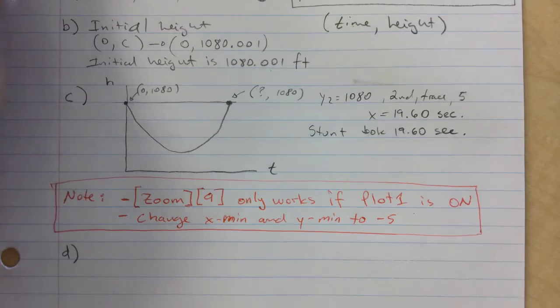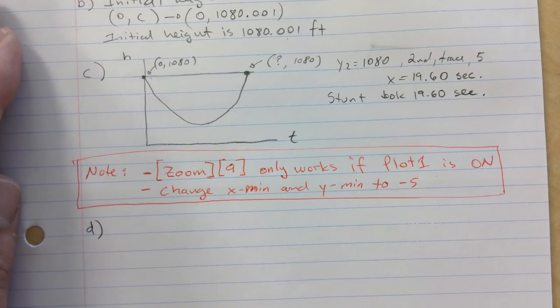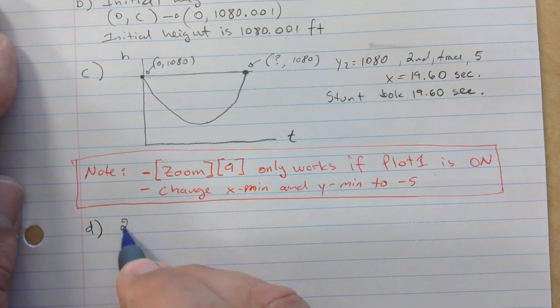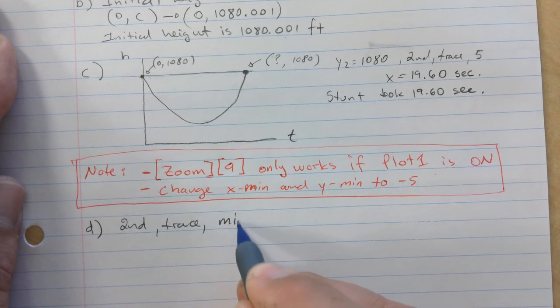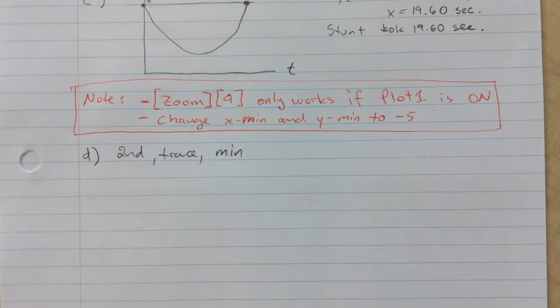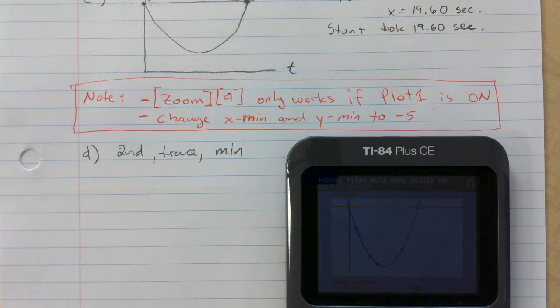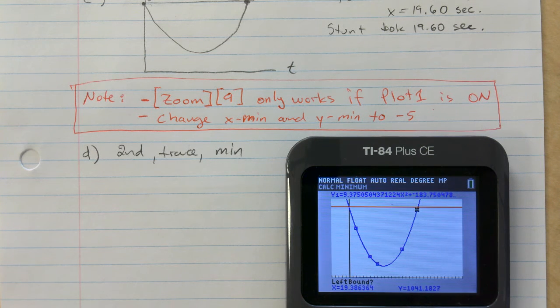D. I already told you what the homework is though, right? What is the height of the plane at the lowest point? This would be second trace min, right? There's a minimum here. So second trace min, you go to the left of that vertex and to the right of it.